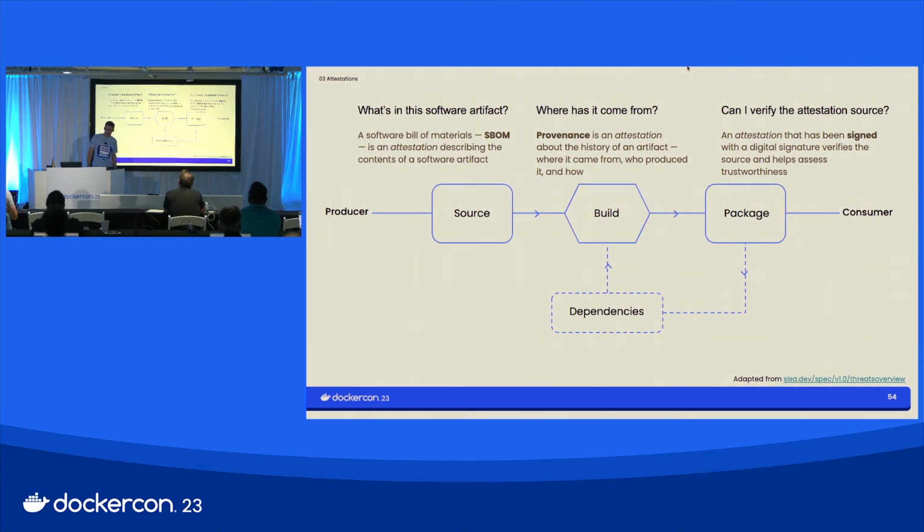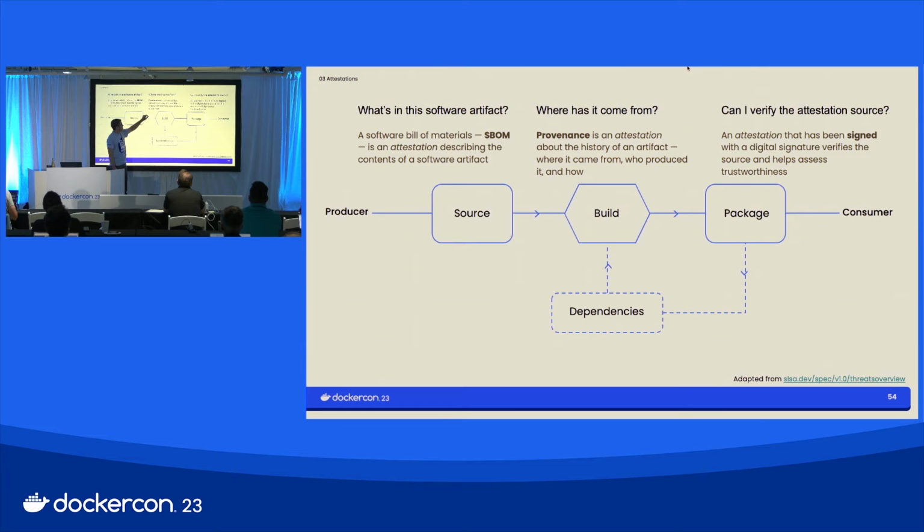We'll talk in more detail about what that looks like later. The SBOM covers the source and the dependencies. Going back to our making coffee analogy, it's the list of materials, the ingredients in your container image.